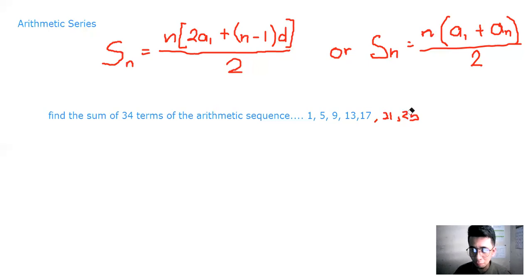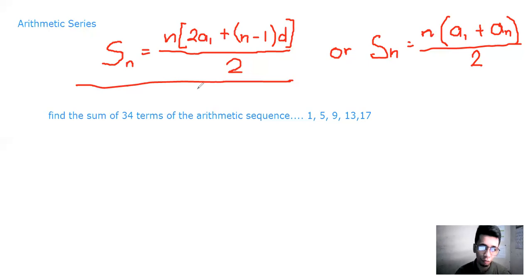Hindi na natin kailangan ipagpatuloy si sequence kasi meron na naman tayong formula para mahanap yung sums niya hanggang sa 34 terms. Ngayon, rewrite natin from this formula: S sub n is equals to n, then multiply to 2 a sub 1 plus n minus 1 d over 2.